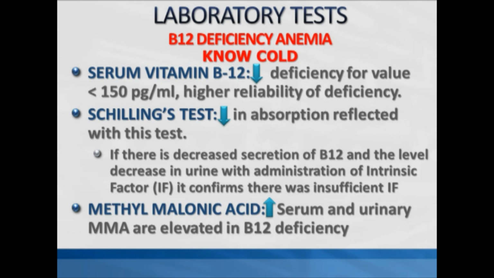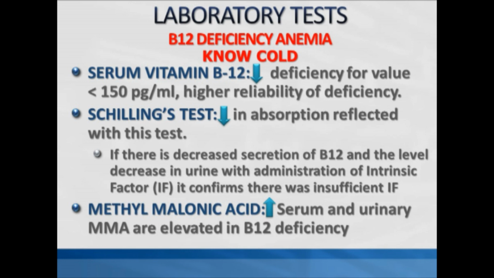That would be explaining why there was a B12 deficiency. Again, the Schilling's test is not used to confirm a B12 deficiency, but rather to find out why there is a B12 deficiency, and it's really verifying it here at the level of the absorption, if you will, of B12 in the gastrointestinal tract, the level of the ileum.